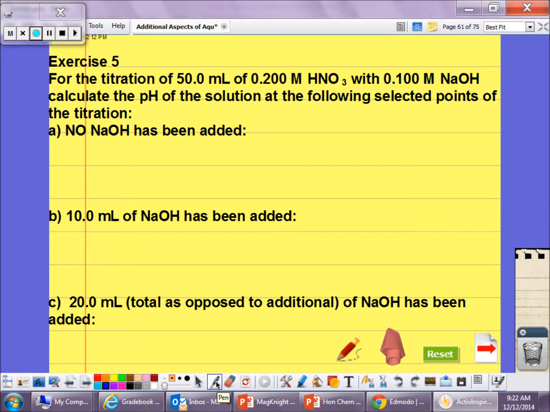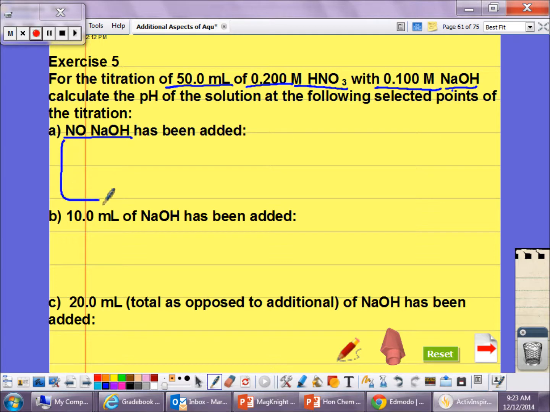Let's do it together. For the titration of A, you have 50 ml of what? This is 0.2 molar of what? This is a strong acid, HNO3, with 0.1 molar NaOH, which is a strong base. Calculate the pH of the solution at the following selected points of the titration. First, they asked me to find the pH when no NaOH had been added. Like I said before, you should always imagine what you have in that beaker.